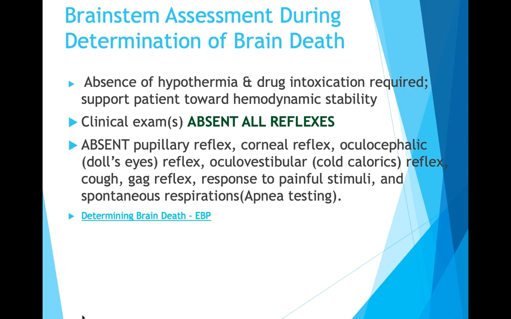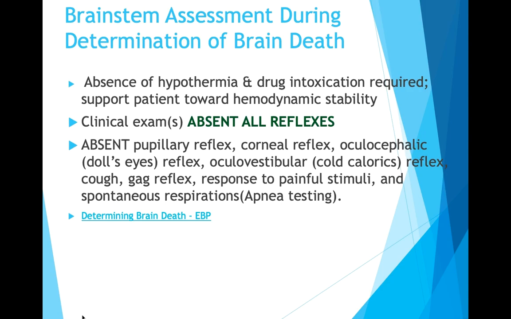Remember in the emergency module, we talked about you can't be cold and dead. So you wouldn't want to assess a hypothermic patient for brain death because they might have some loss of reflexes, obviously with severe hypothermia. They also need to be absent of any drug intoxication or a pharmacologic reason why their reflexes or the brainstem activity would be depressed. You want to support your patient toward hemodynamic stability. So if possible, get them as normothermic as possible, have their blood pressure be as normal as possible, and try and have a stable patient.